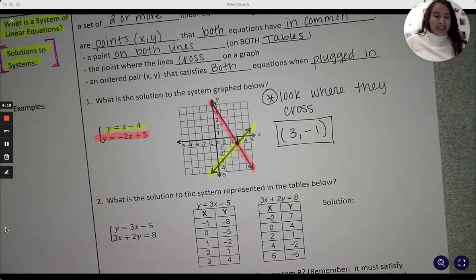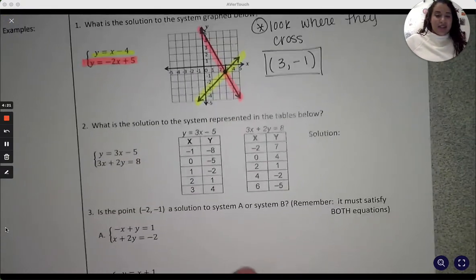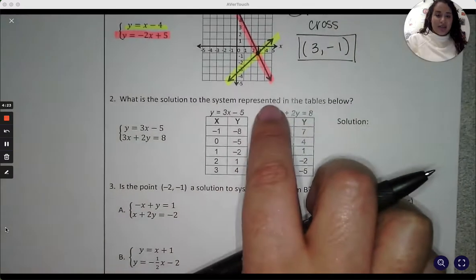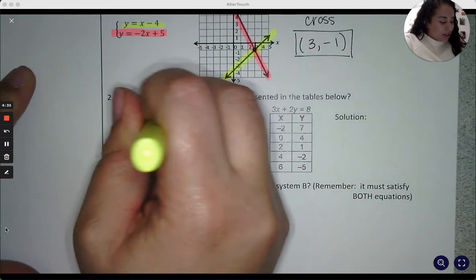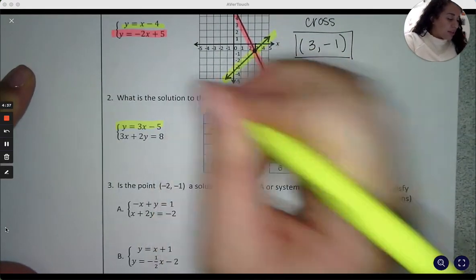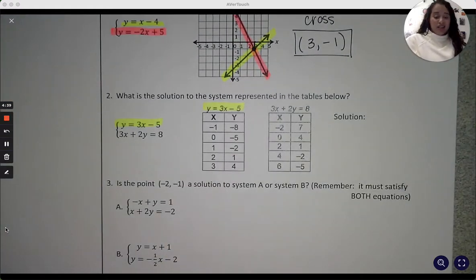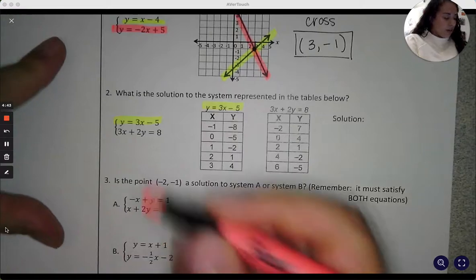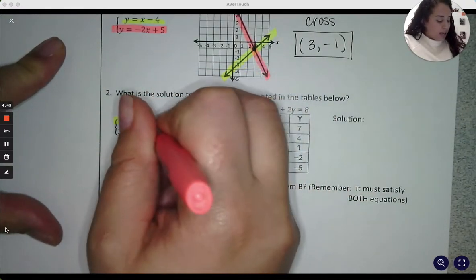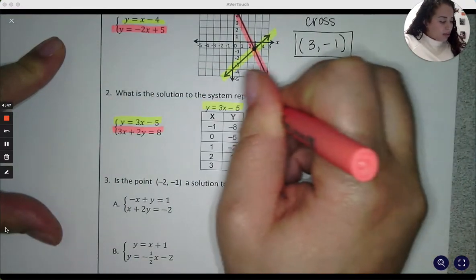Pretty cool. Number 2, what is the solution to the system represented in the tables below? So, again, I've already done the work for you. When I say that, I mean I've already plugged these into y equals, and I hit second table, second graph, and I looked at the points on the table, and I filled out the table for you.